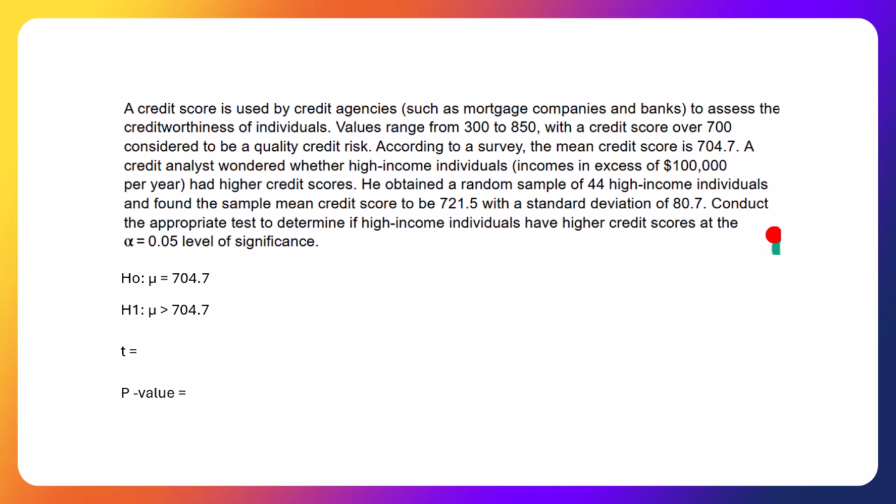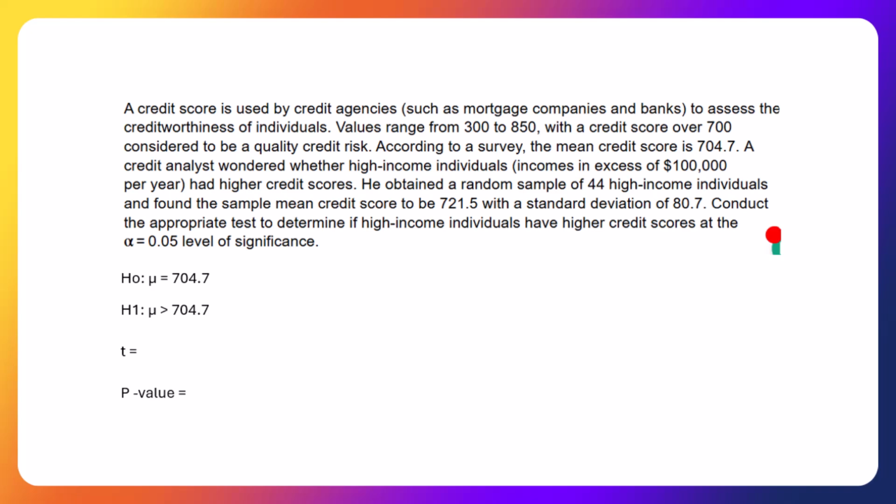Higher than what? Than the 704.7. He obtained a random sample of 44, that's n, and found the sample mean, that's x-bar, to be 721.5, and the standard deviation to be 80.7, that's s. Conduct the appropriate test to determine if high-income individuals have higher credit scores at the 5% level of significance.